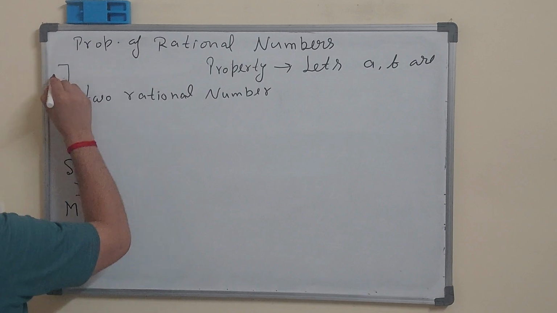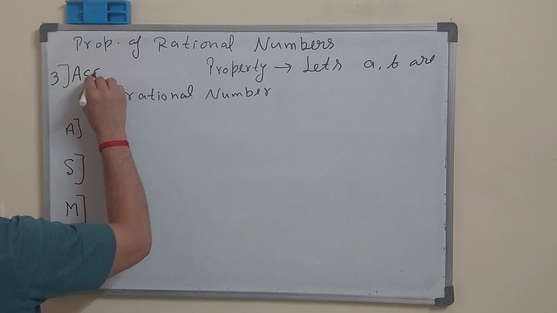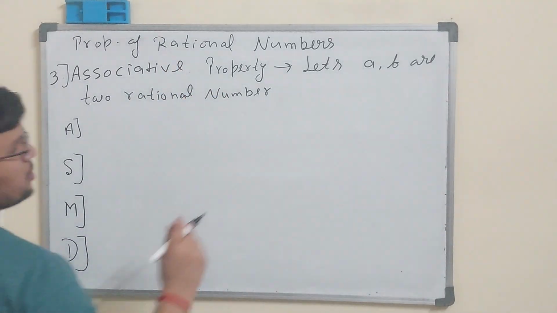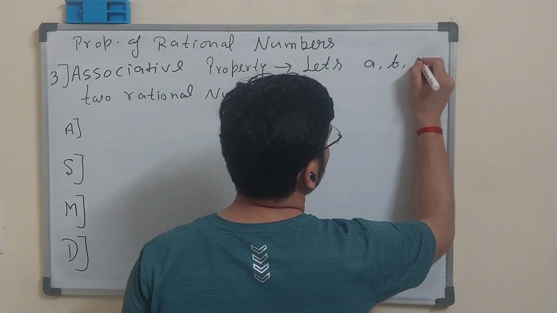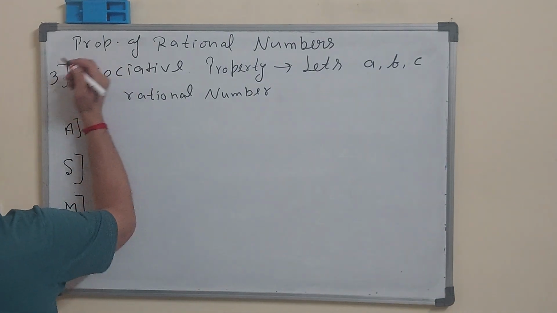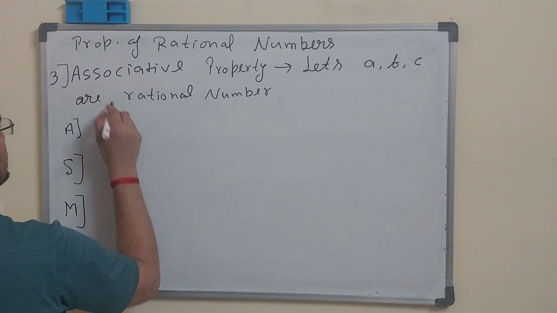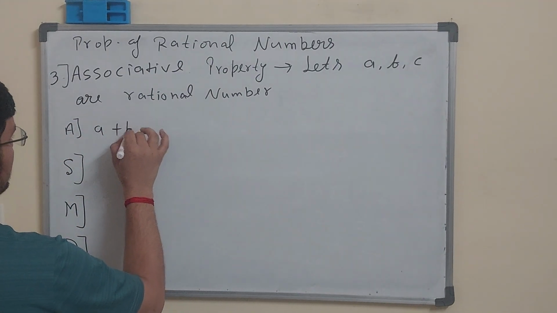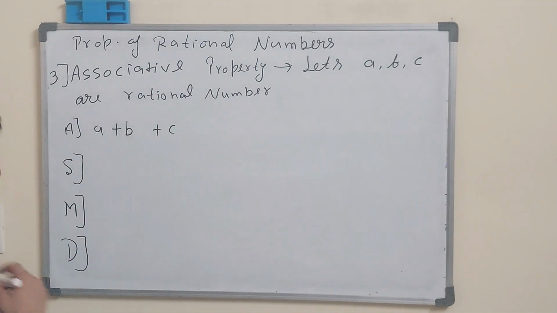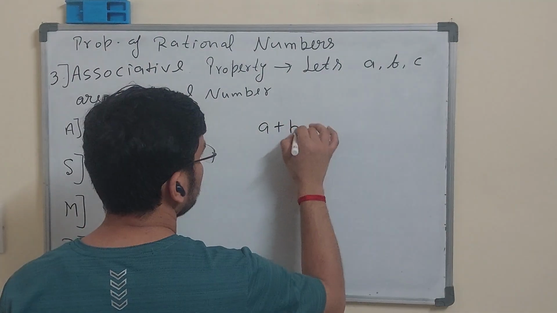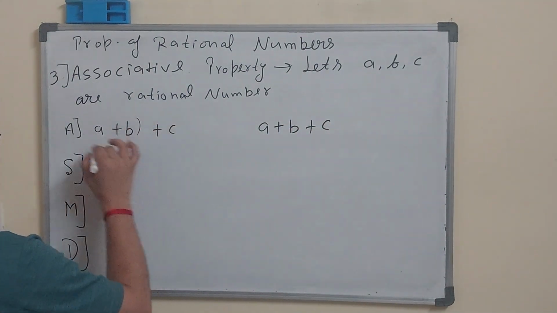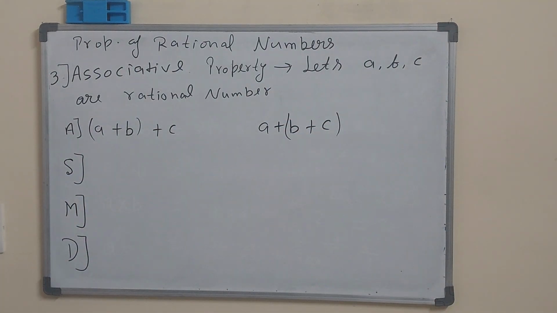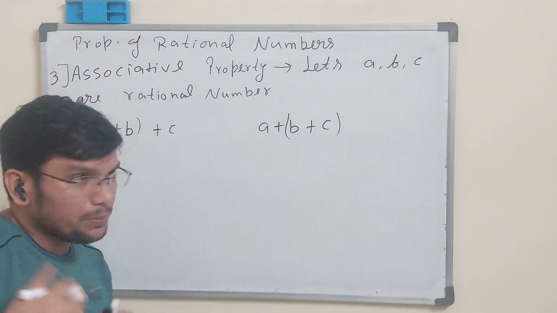Right now, the third one is associative property. Suppose we are taking A, B, C as three rational numbers. In the case of addition, A plus B plus C, we will use brackets: A plus B, B plus C. Let's check, suppose we take 1, 2, 3.